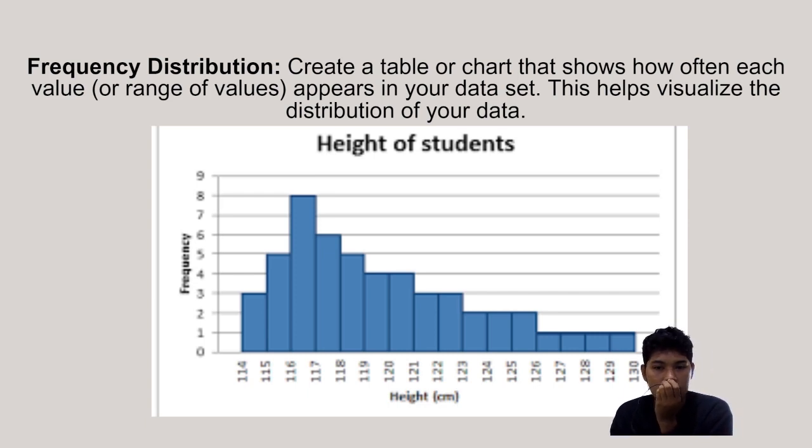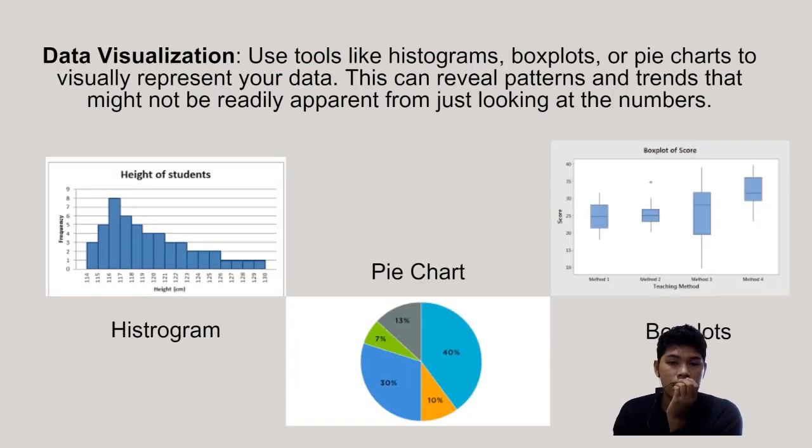This helps visualize the distribution of your data. So visualization. Use tools like histograms, box plots, or pie charts to visually represent your data. This can reveal patterns and trends that might not be readily apparent from just looking at the numbers.